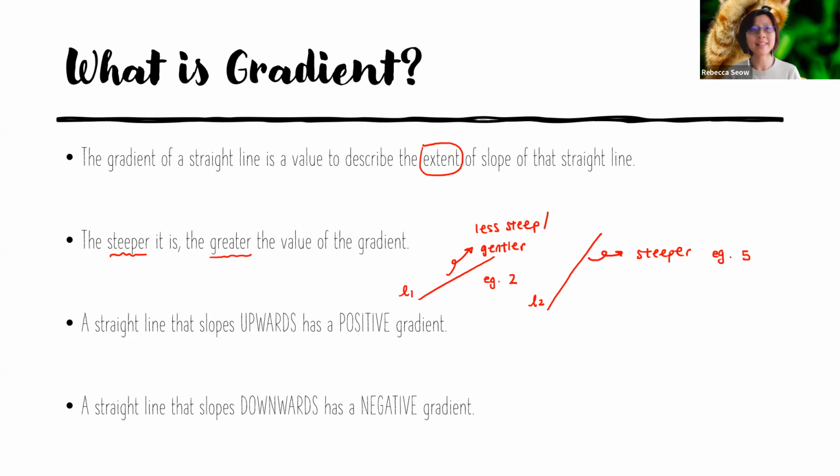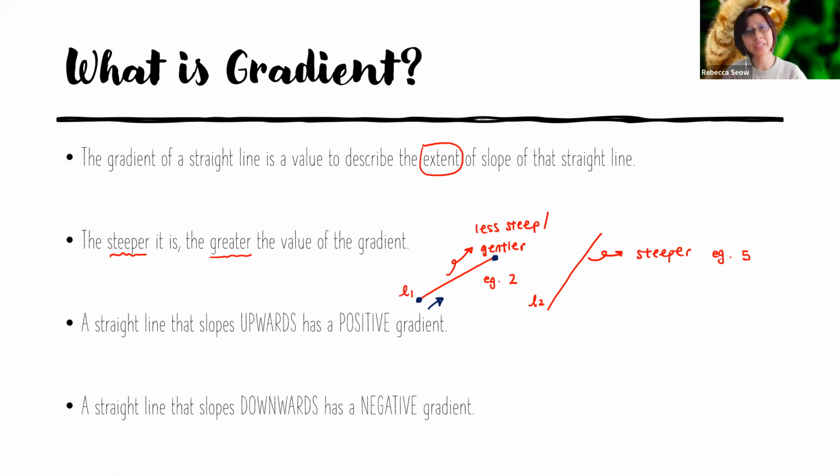Now, let's move on to the third point. A straight line that slopes upwards has a positive gradient. What do I mean by sloping upwards? Let's say I consider L1, and we have the start point of the slope and the end point of the slope. As the line is being drawn, you realize that from left to right it is going upwards.